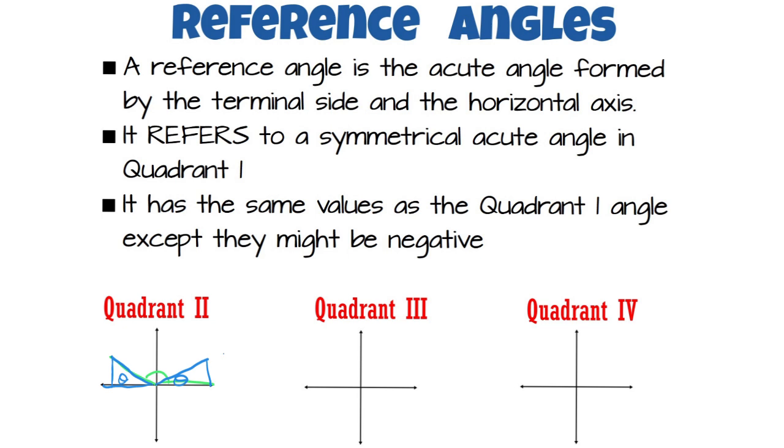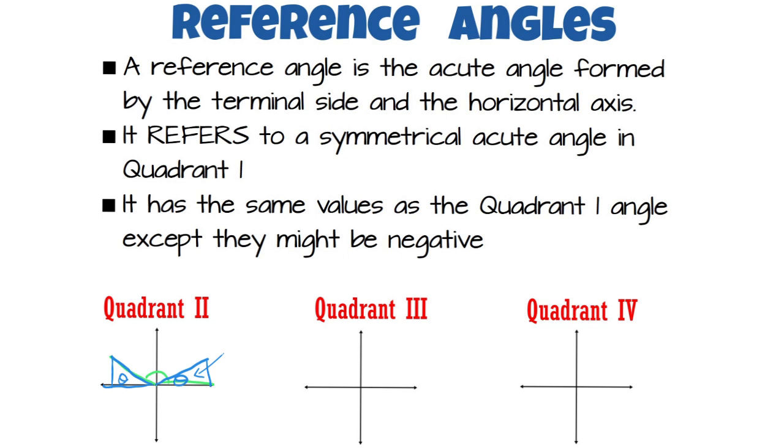We're going to look at it as though it was over here in the first quadrant and was acute, even though it's in the second quadrant. It has the same values as that quadrant 1 angle, but because you're in a different quadrant, it might still have negatives. So we'll have to adapt and change the sign based on what quadrant we're in.